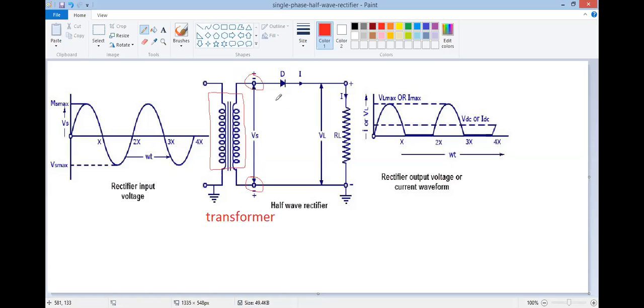Here only one diode is there, which is encircled with this red color. That is nothing but your diode, with the P-type terminal and the N-type terminal. The triangular part means P and the vertical line is your N.